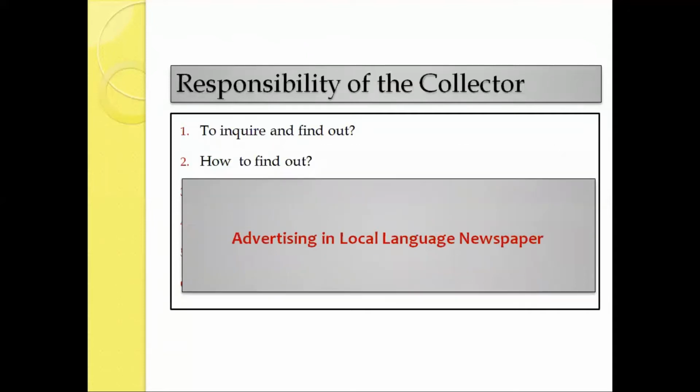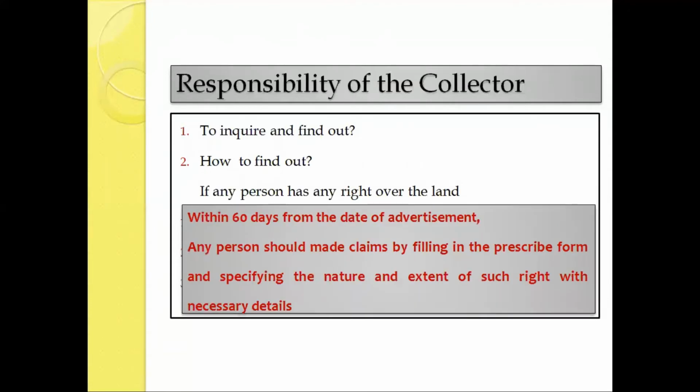So the answer is, he will make an official announcement by advertising in the local language newspaper that any person who has any rights or claim to have rights over the land shall, within a period of 60 days from the date of the advertisement, make their claim by filling up the prescribed form in which they will specify the nature and the extent of their rights over the land, by providing all the details and documents necessary.